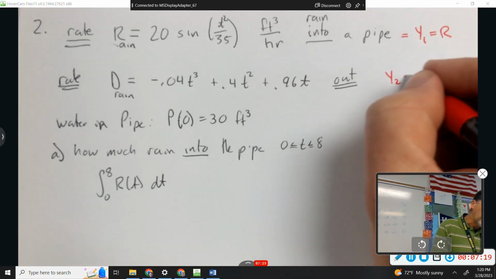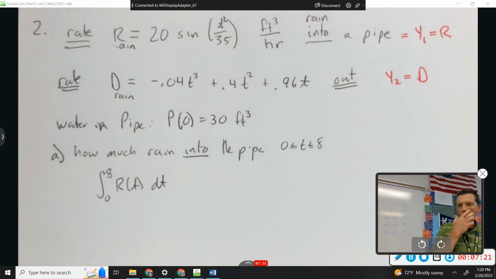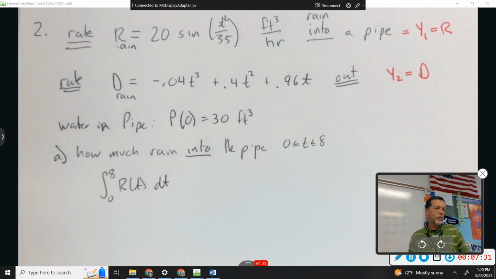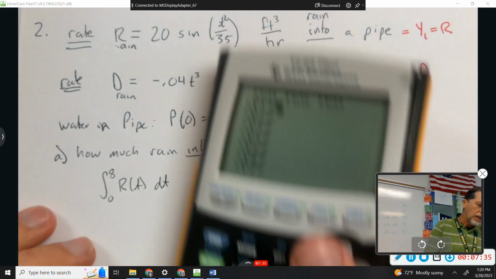So you don't have to tell the grader you're doing this, but it might be helpful. That way if you write Y1 and Y2 later, you'll be okay because you've told them that Y1 is R and Y2 is D. Probably more importantly, it's helpful for you to keep it straight.